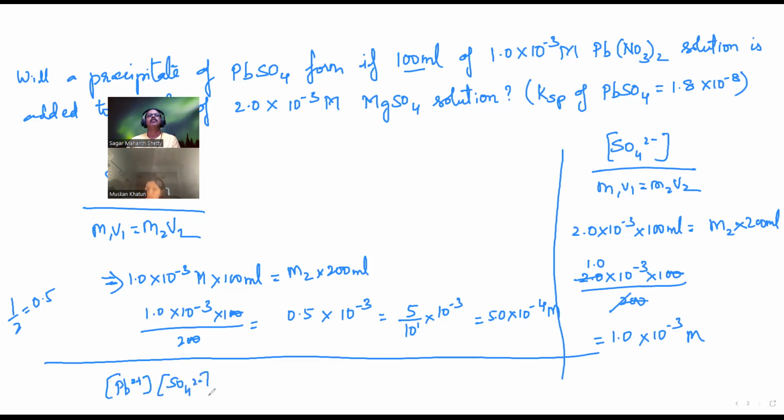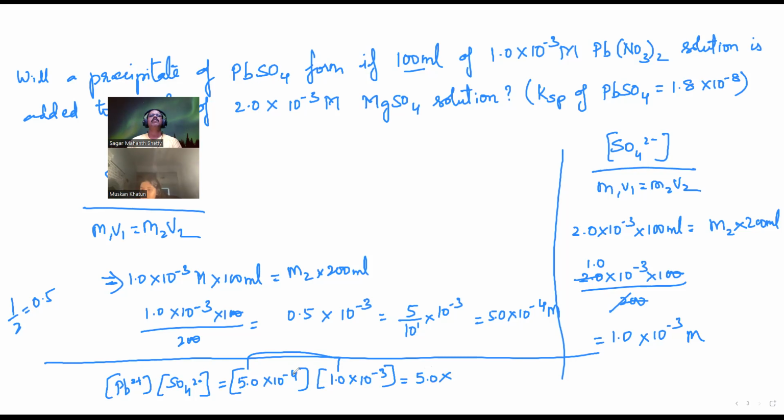Okay. So what's the value of lead that we got here? That's 5.0 into 10 to the power of negative 4 times 1.0 into 10 to the power of negative 3. Now, 5 times 1 would obviously be 5.